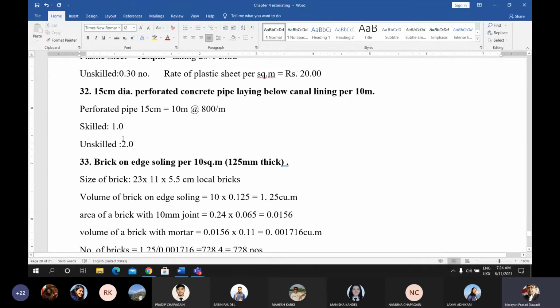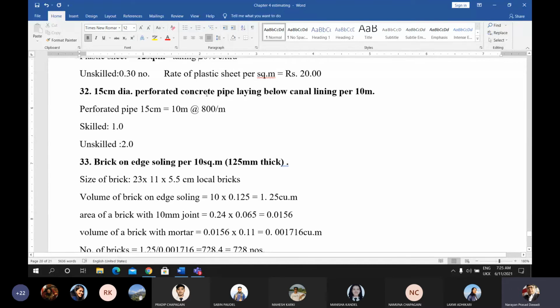For this, the skilled manpower of 1 number and unskilled manpower of 2 numbers is required. Other material for joining the pipe underlying the canal, we don't need the jute, cement, etc., because this is not provided in the heading.